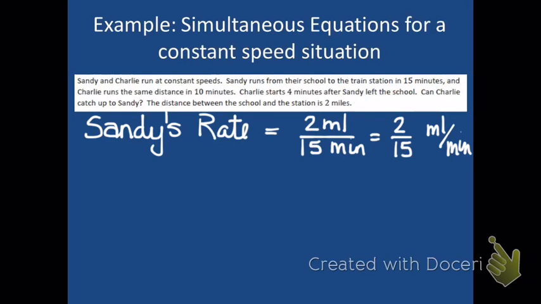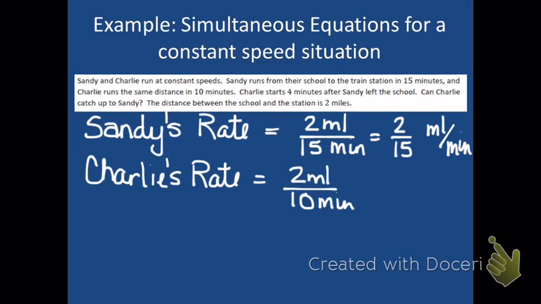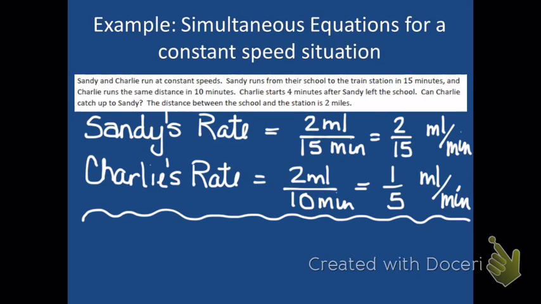Charlie's rate, which is faster, is 2 miles in 10 minutes, and that can be written more simply as 1/5 of a mile per minute. Okay, so just simple unit rates so far. We know their unit rates and we know Charlie is faster. But Sandy has a head start, so let's look at what that will mean.